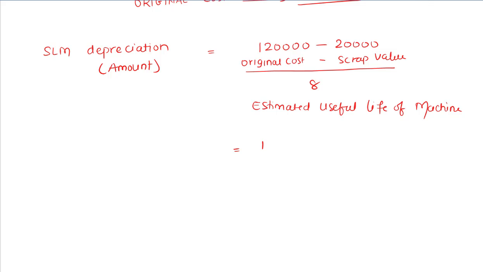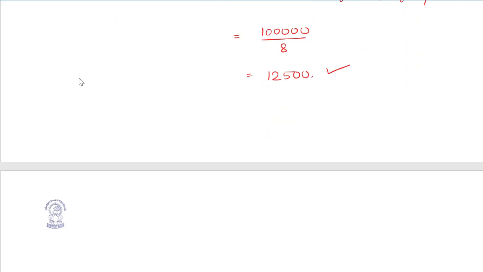Try to calculate this. 120 minus 20 is 1 lakh. 1 lakh divided by 8 is 12,500.